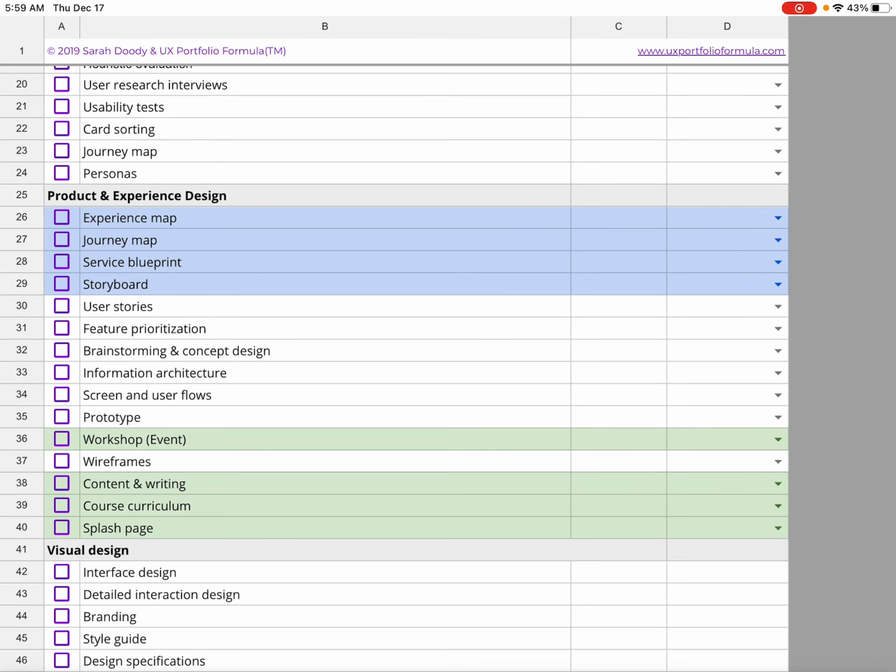If product and experience design is your jam, you might do an observational study, or you can interview someone else's partner and see how they objectively respond to their partner.